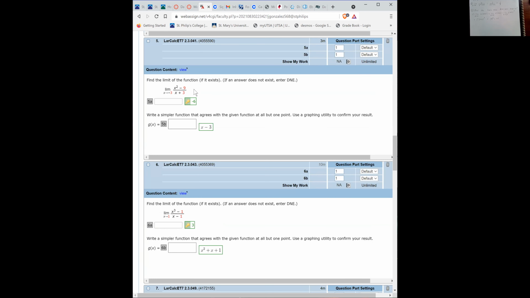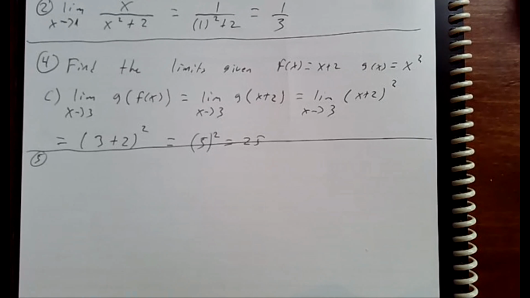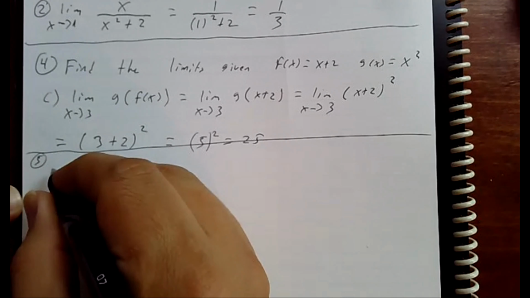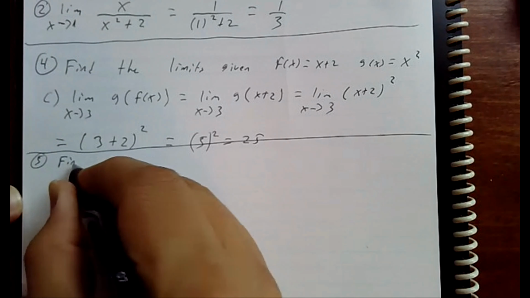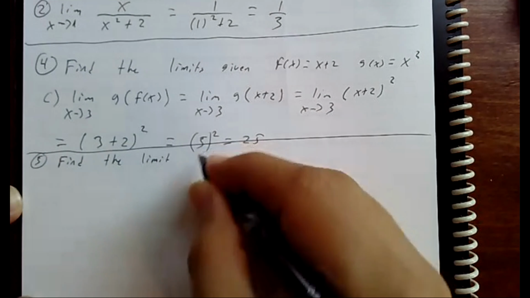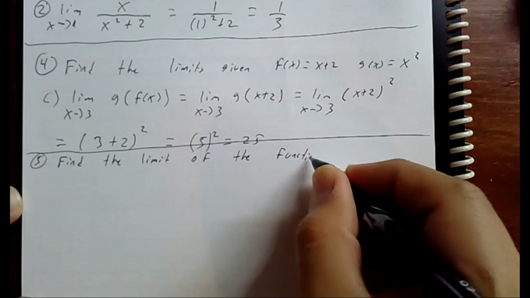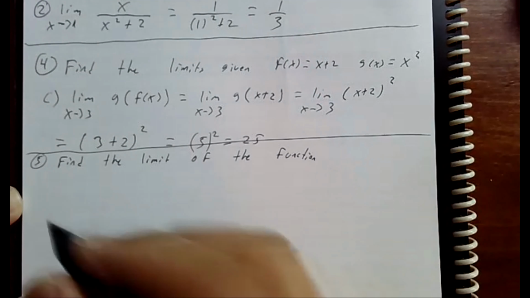All right, so let's do number 5. So this is an analytical technique using algebra to find the limit of the function, if it exists, of course.